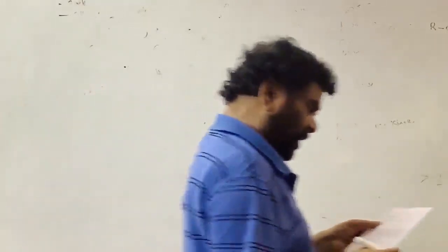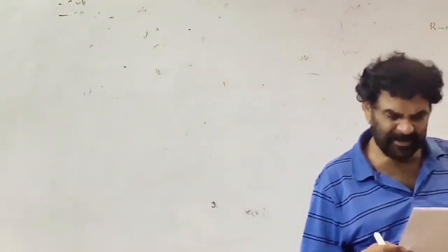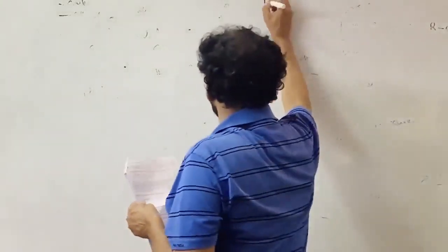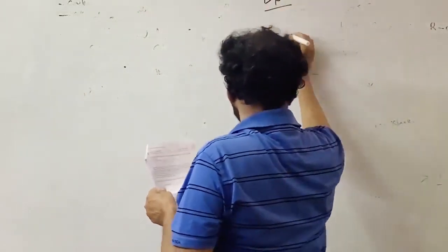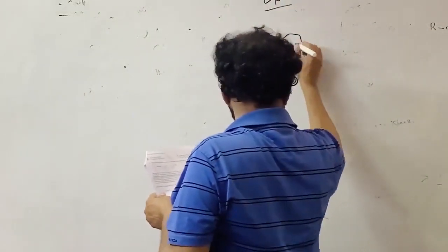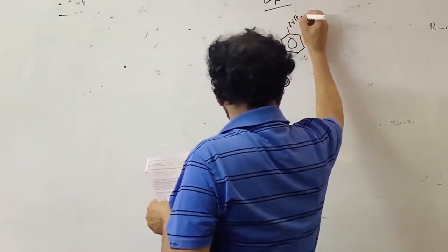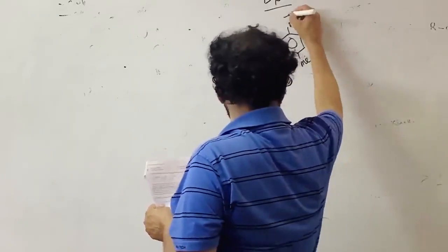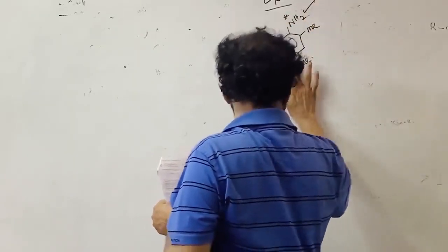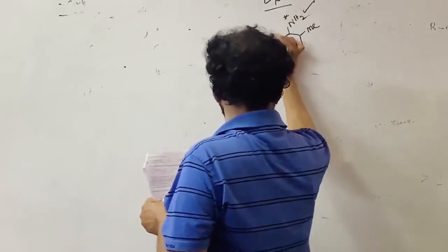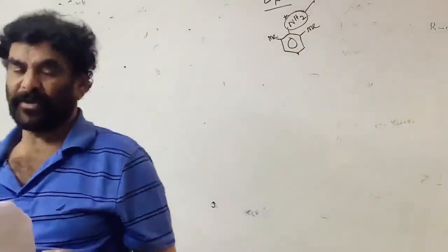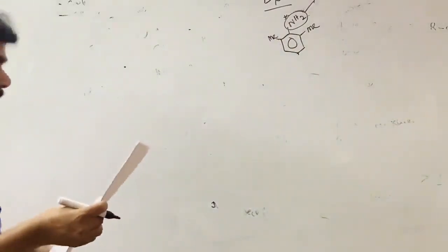So B is sterically hindered, but it gives the carbylamine test. B and D both are correct. So here is aniline, this is the methyl, this is the methyl. This is a primary amine, it gives the test, but if this is shifted from here to here, because of the steric hindrance, this amine group may not take part in the reaction. So B and D both are correct.